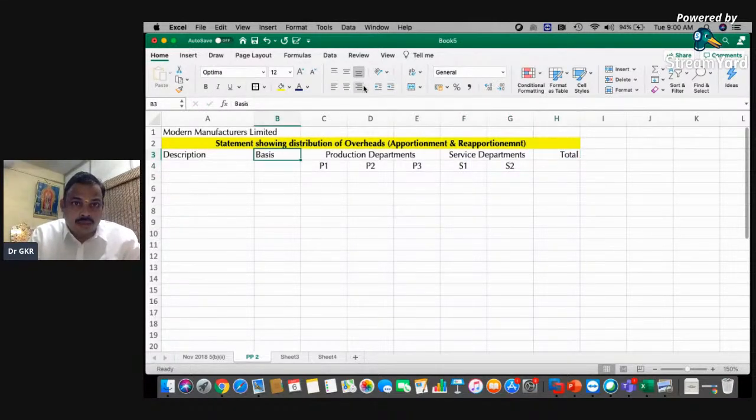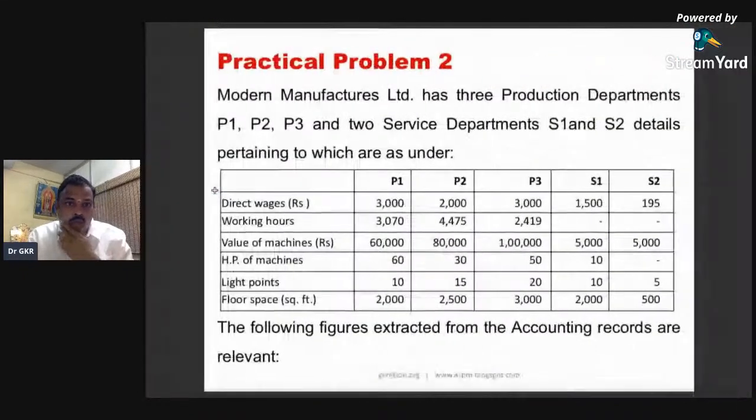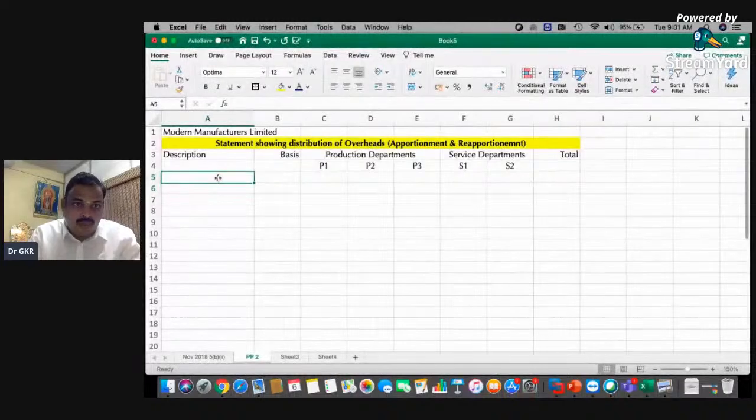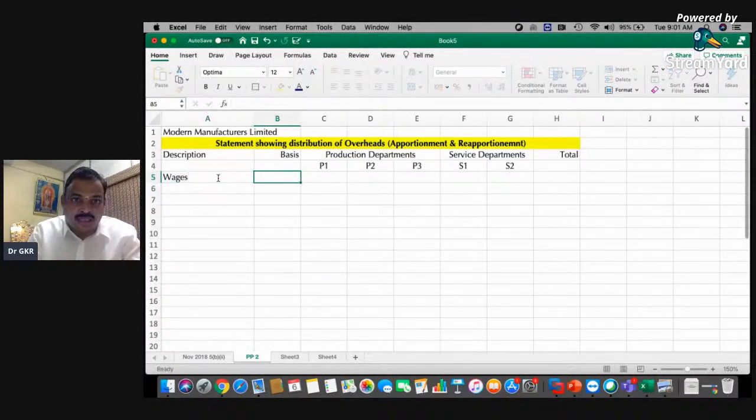So this is your basis, guys. Now we have the direct wages that have been given. Direct wages for P1, P2, P3 is a direct cost. But the wages paid for S1 and S2 is an overhead. So we can call this wages as an overhead. So this is what we call allocation.